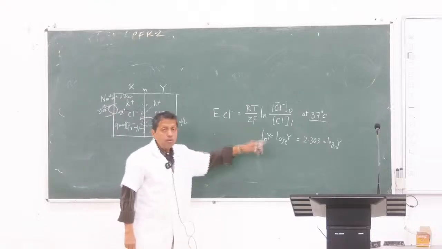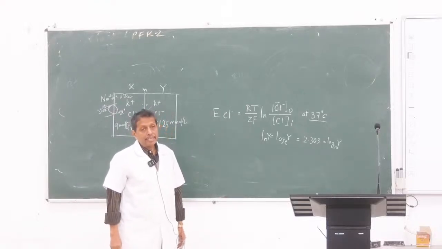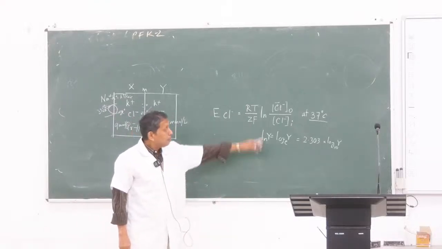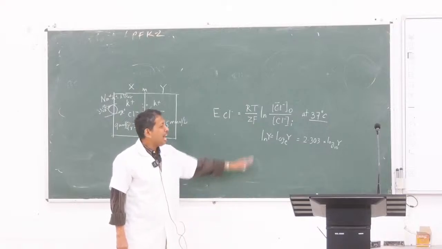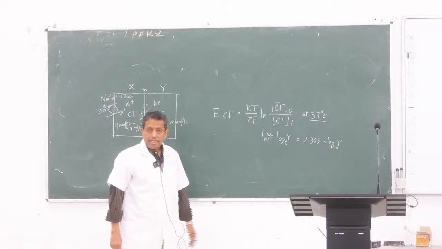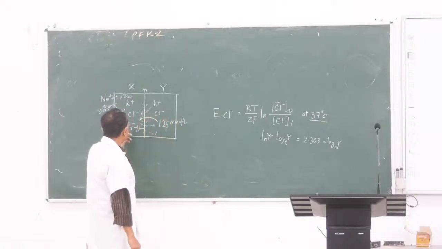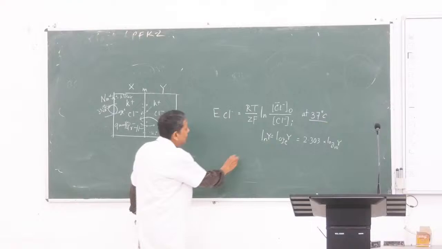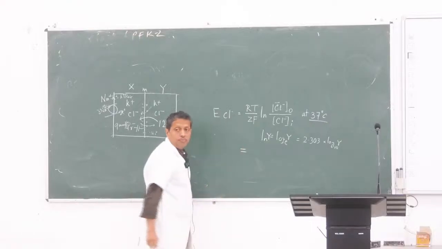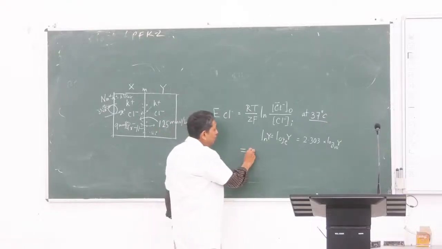And if these numerical values are taken, and the temperature 37 degrees centigrade plus 273 in this way, and it is calculated, and these concentration ratios are taken in this way, then you will get some negative value.